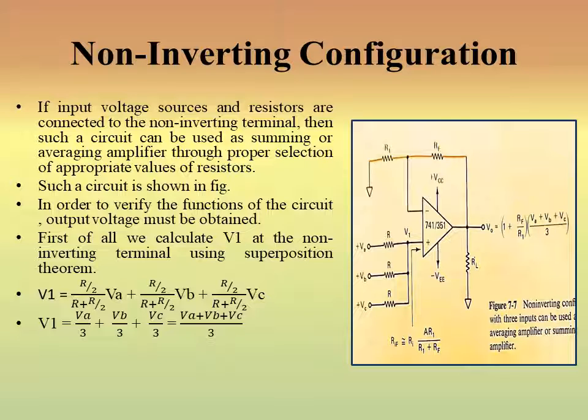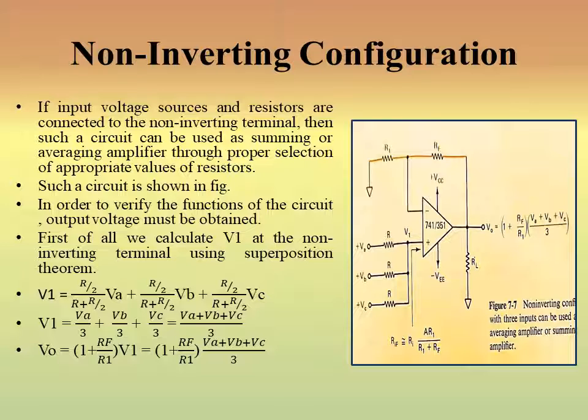Now we have to calculate output voltage. For a non-inverting amplifier, we have already calculated the gain is 1 plus Rf upon R1, where Rf is the feedback resistor. So following that formula, we can calculate the output voltage. That will be V naught equal to 1 plus Rf upon R1 into V1. V1 is the input voltage, and we have calculated V1, so it comes out to be VA plus VB plus VC upon 3.